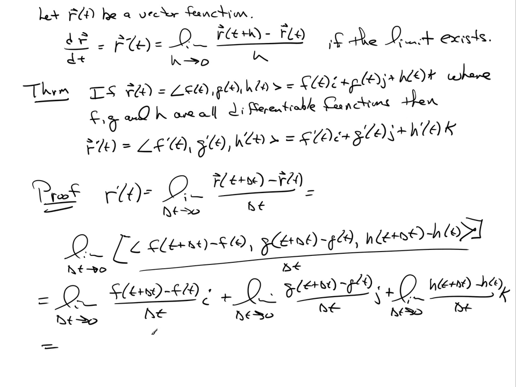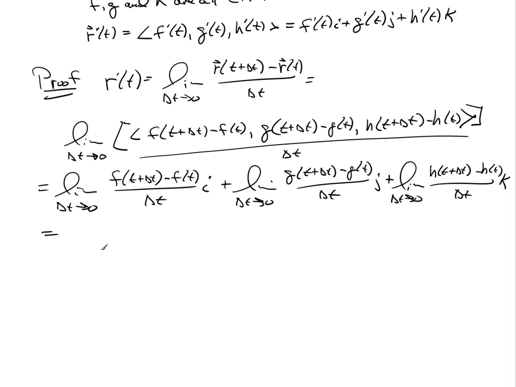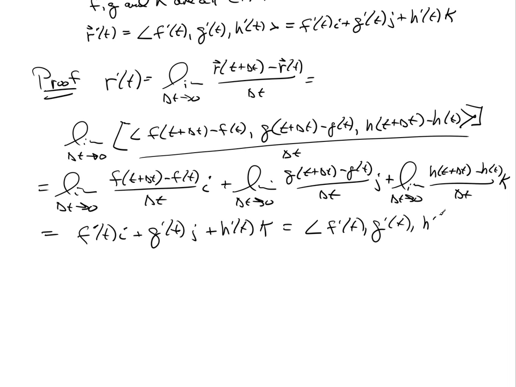Well, that is equal to f prime of t i plus g prime of t j plus h prime of t k, which is obviously back in the component form, f prime of t, g prime of t, h prime of t.